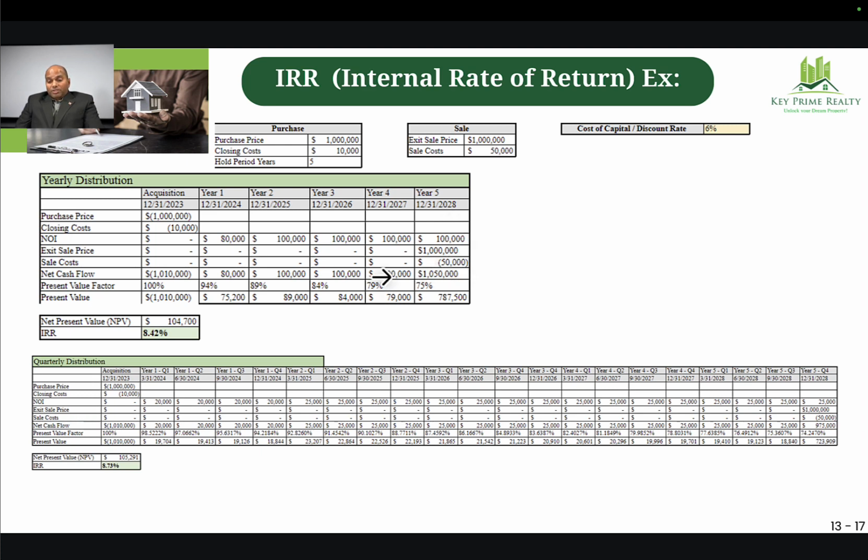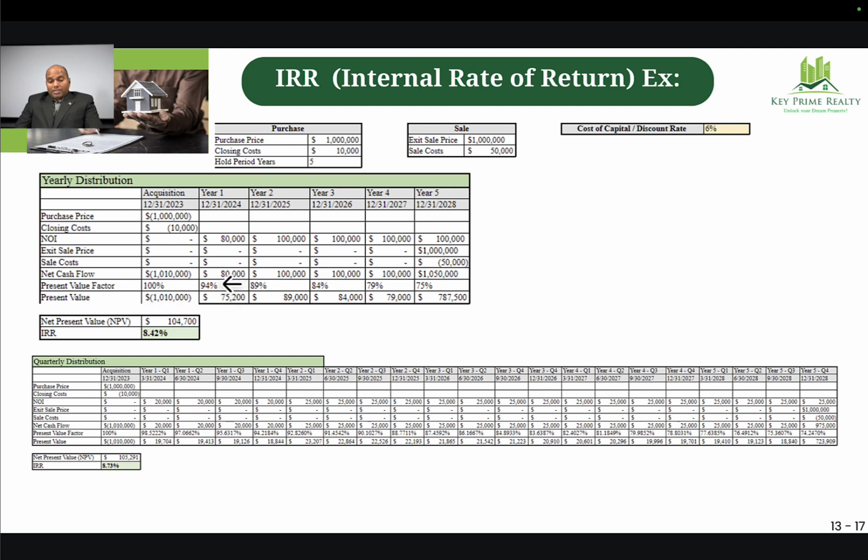So the 80,000 that we get here, say it gets reinvested, right? If you're looking at this at this time, there is a discount value.